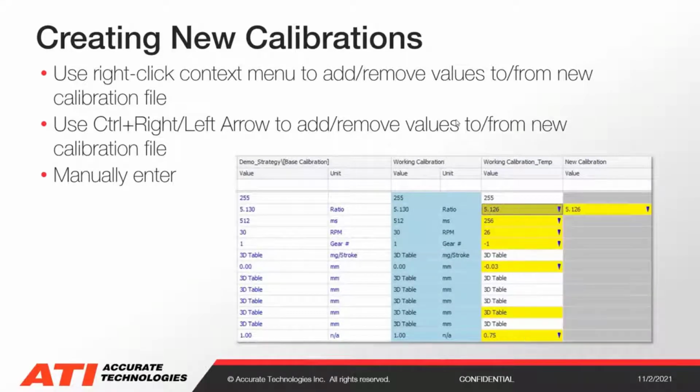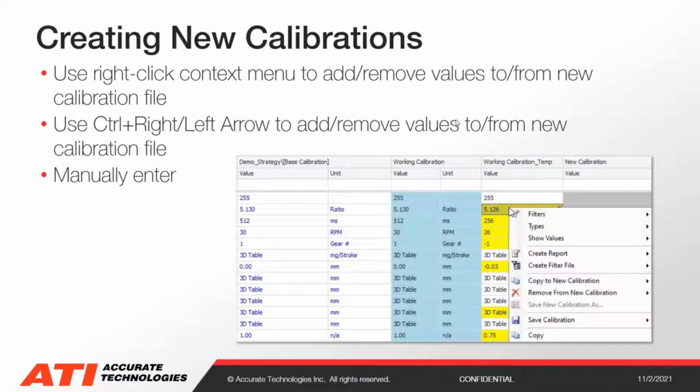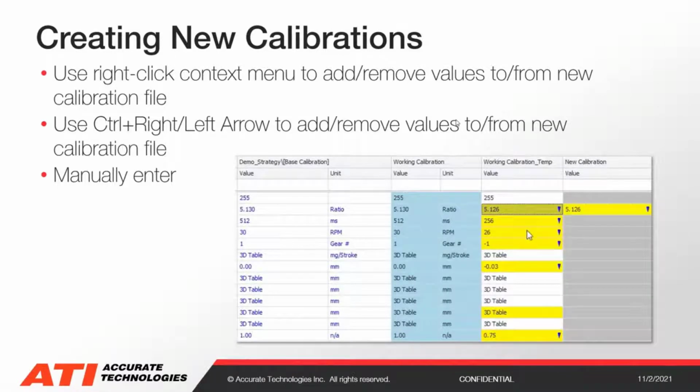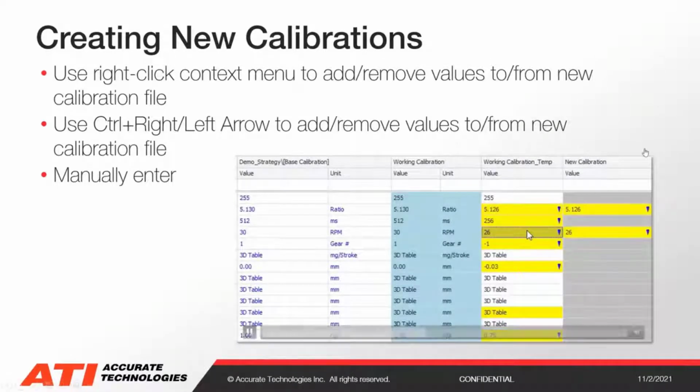You can click and drag, use the right-click context menu, or manually enter the value. In the right-click context menu, there is a way to add all items from that particular calibration, or add just a few, or add what's different, things like that.